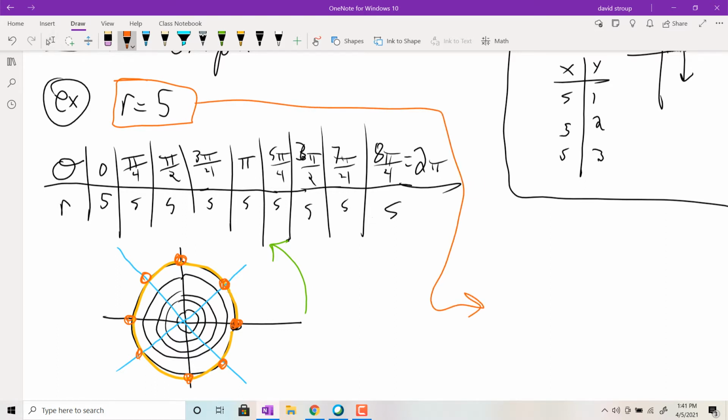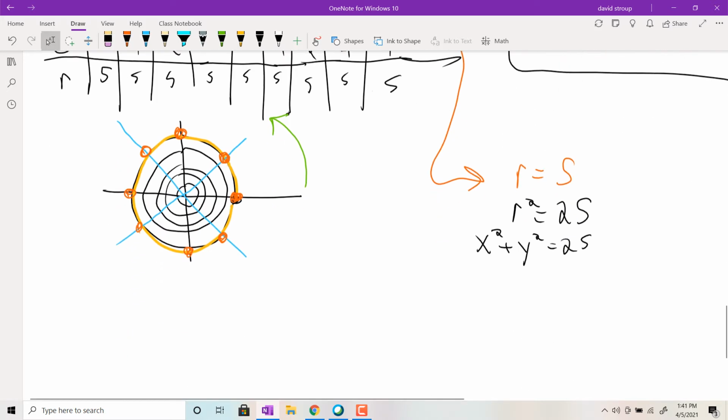If r is equal to 5, that means r squared is equal to what? Well, r squared would be 25. And then my formula from above says x squared plus y squared is equal to 25, or r squared if you'd rather, and then just do a substitution, and you get your answer. You get a circle with radius 5.